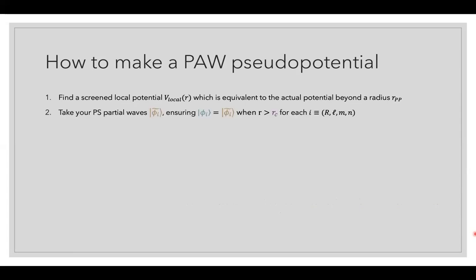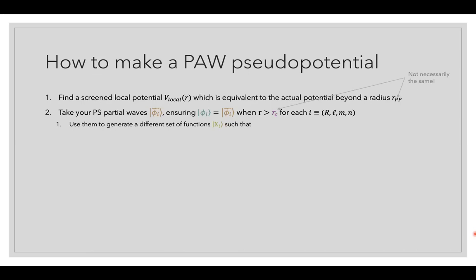The next step is that you take your pseudo partial waves, which have been defined such that outside of the cutoff radius, they are equivalent to the all-electron wave functions. Now keep in mind that those are not necessarily the same. They don't need to have the same cutoff radius for either of them.